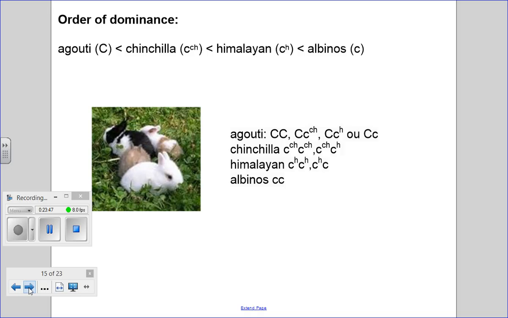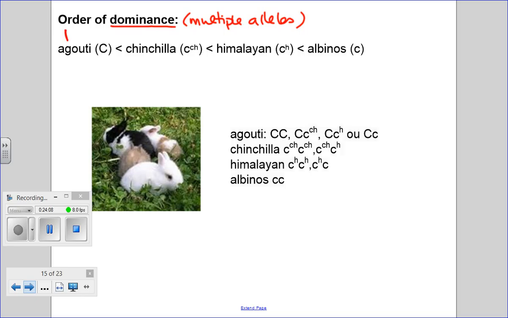All right, the next thing that is possible with multiple alleles is something called the order of dominance. So we're still talking about multiple alleles. With blood type, 2 of them were codominant and the other one was recessive, but that's not always the case.